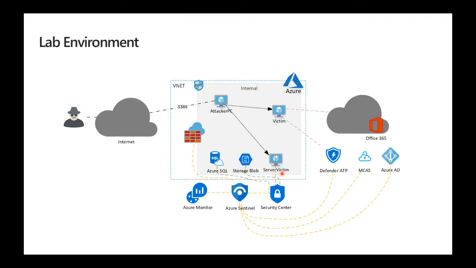And then the logs from all of these are being brought together into Azure Sentinel. So as Reese was saying, to give us the full picture across our infrastructure and our modern work and endpoints and devices and everything that we have in our environment, we're feeding all those logs and telemetry and alerts over into Sentinel for further analysis and investigation. Okay, now we'll have a look at the attacks that we're running.